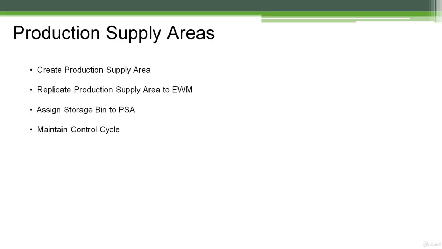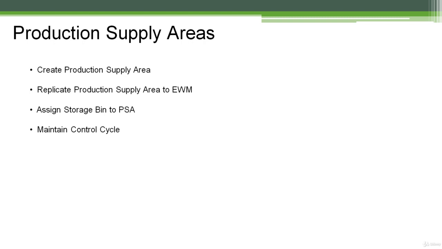Production supply area. One of the processes that we are supposed to test is advanced production integration. For advanced production integration, we need to make sure the production supply areas are created. These production supply areas are several drop points in the production area. So we will create the production supply areas and replicate them to EWM.